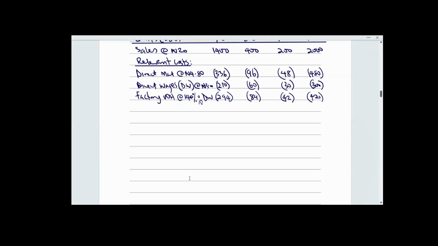The next one, let's go back, we are also given factory fixed overhead of 400,000. Please pay attention. This is general fixed overhead. It's not related to any of the depots. This 400,000 does not relate to Lagos, Benin, or Kaduna.